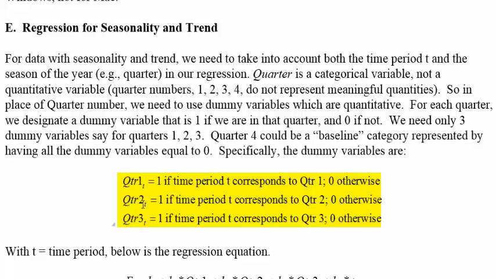We are going to make up these 3 new variables. And wait, what about quarter 4? Well, quarter 4 we're going to represent by setting all these variables equal to 0. If Q1, Q2, Q3 are all equal to 0, that means I am in quarter 4.